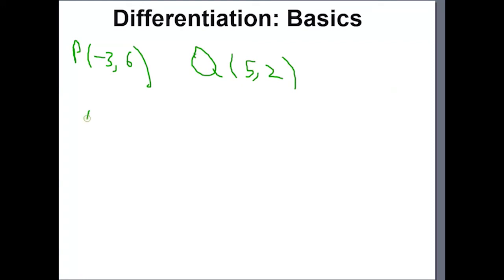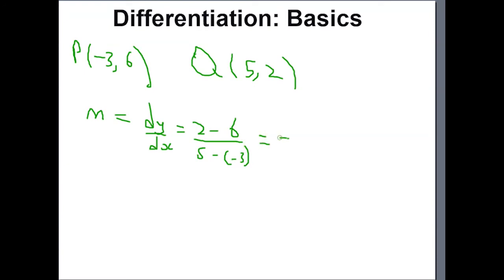We know that our m is δy over δx, which is equal to 2 minus 6 over 5 minus minus 3.